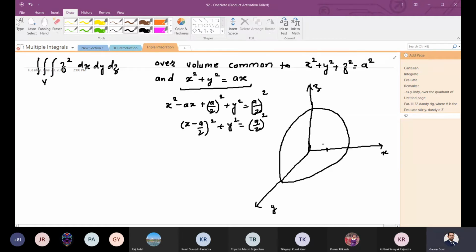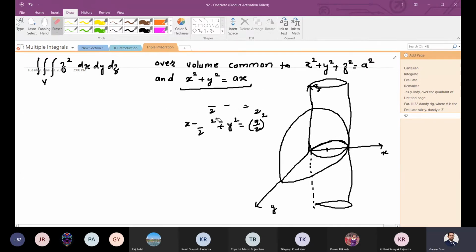So you will have a figure like this, and it is increasing like this along the z axis. So this is the cylinder. So the question is, we need to find the triple integration over the volume which is bounded by this cylinder and the sphere. Okay, so I will rub this now, as these calculations have been done.